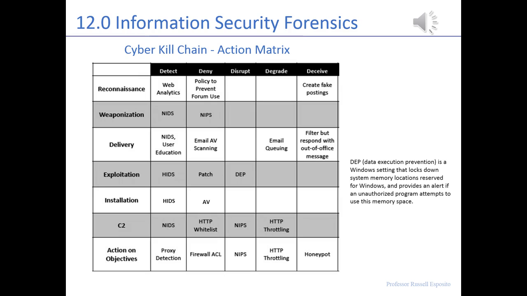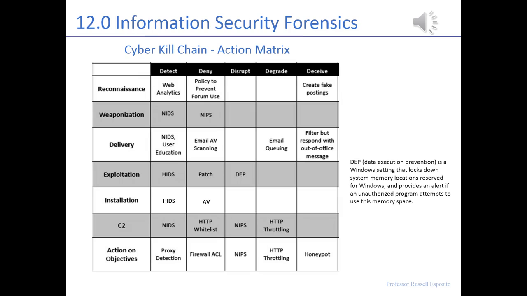Then when they reach their objectives, it's a little late in the game, but you can still try to break this last step in the chain. There's proxy detection techniques to figure out who is hiding behind what IP address, to understand if somebody is using a proxy and hiding their identity, to try to figure out what the actual source is, to stop the source from doing any other theft of your organization's data.